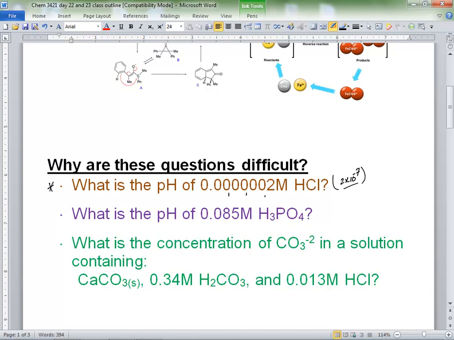Because does water dissociate on itself? Yeah, right? But to a very small degree. That's the problem. Because Kw, what is Kw? Kw is 10 to the negative 14.